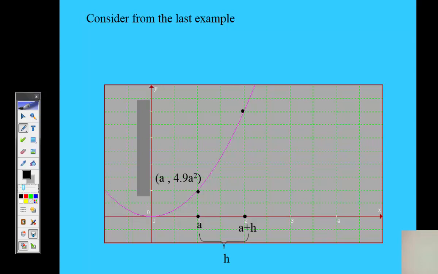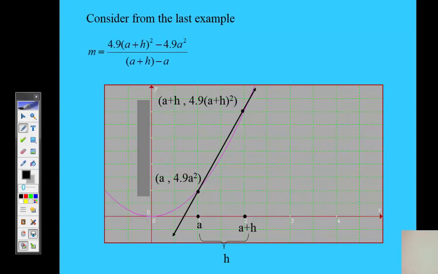We could label our second point a plus h, f of a plus h. Putting this into our slope formula, that would be the slope of our secant line. We would have y sub 2 minus y sub 1 all over x sub 2 minus x sub 1. We would get this. Now we can simplify this expression a little bit.